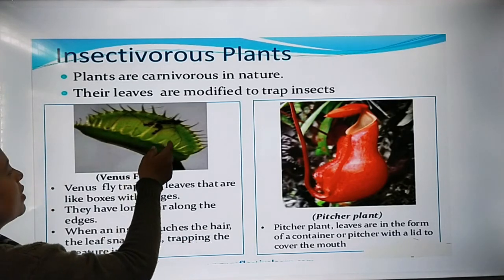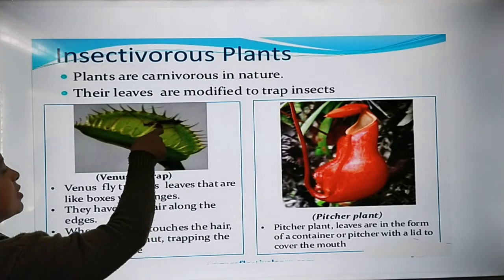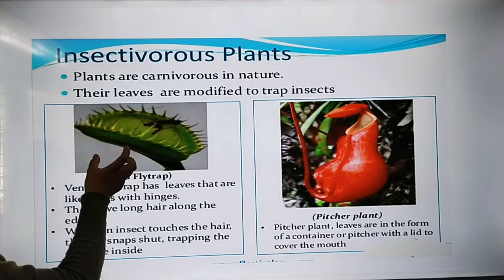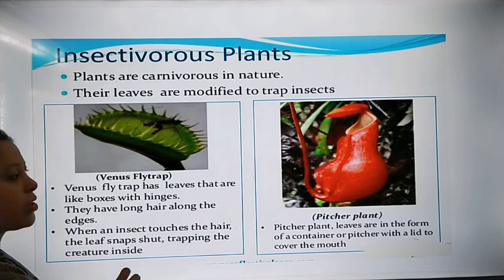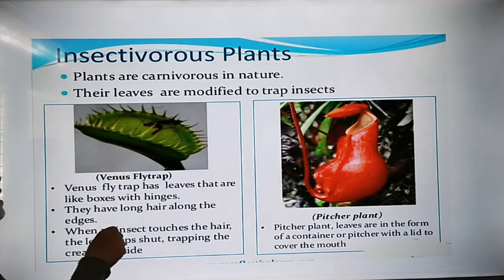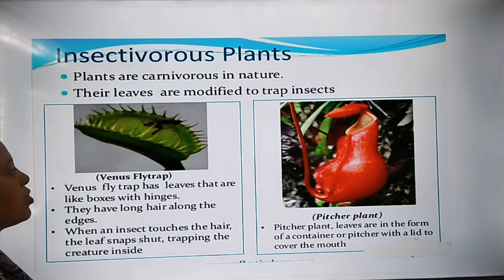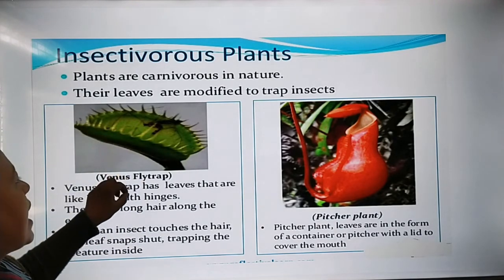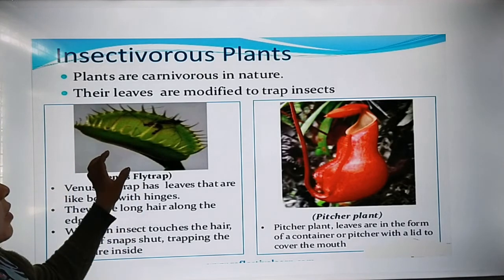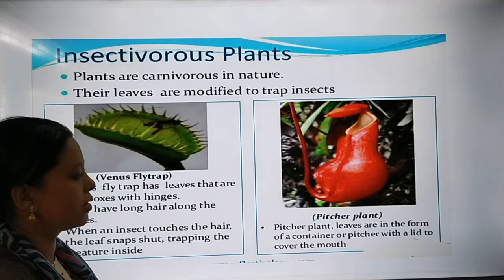So when some insect comes and sits on it, the leaf snaps shut, closes, and this plant eats that insect. So it proves that the Venus flytrap is a carnivorous plant.